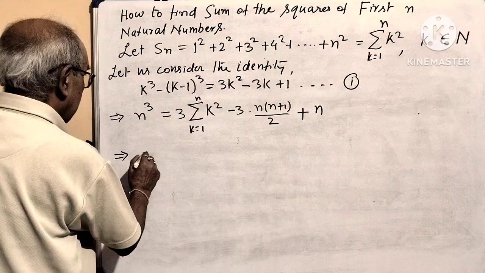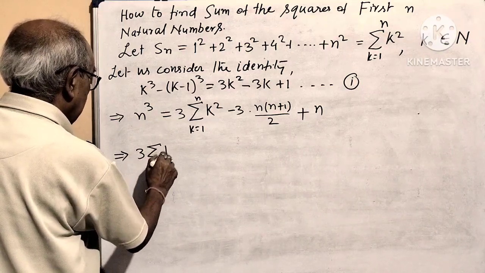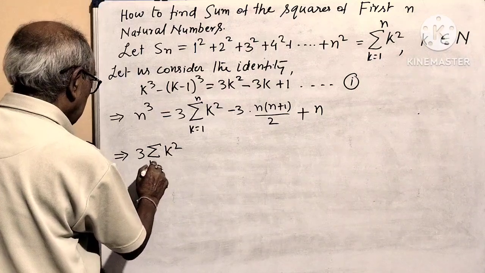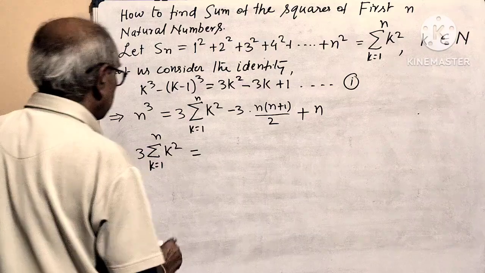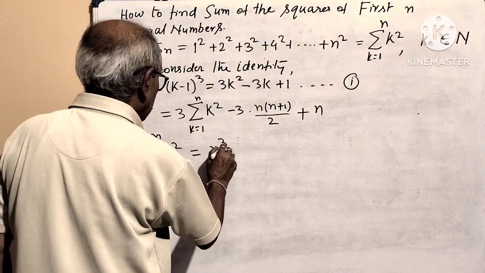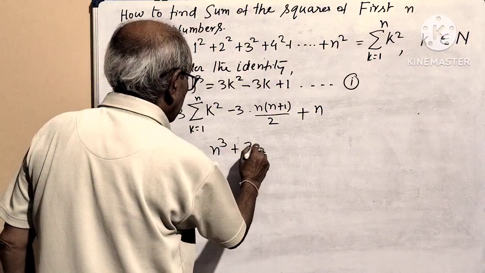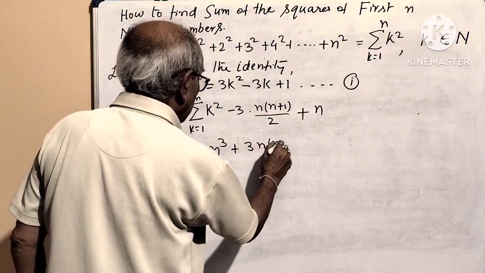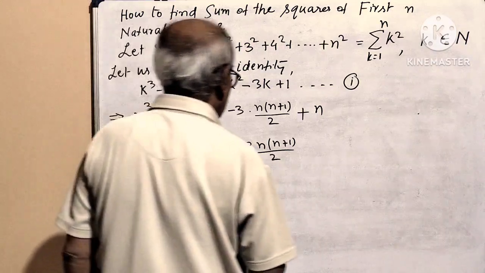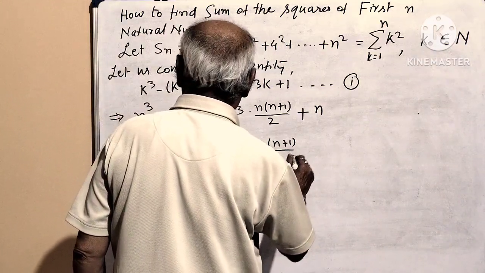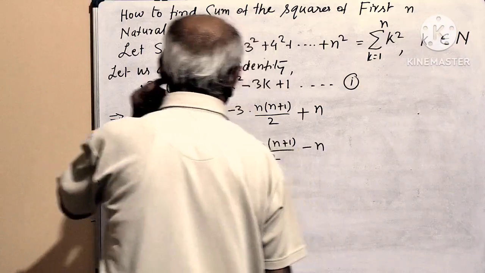This implies that 3 sigma k square, k equal to 1 to n, will be equal to n cube plus 3 n (n plus 1) upon 2 minus n.